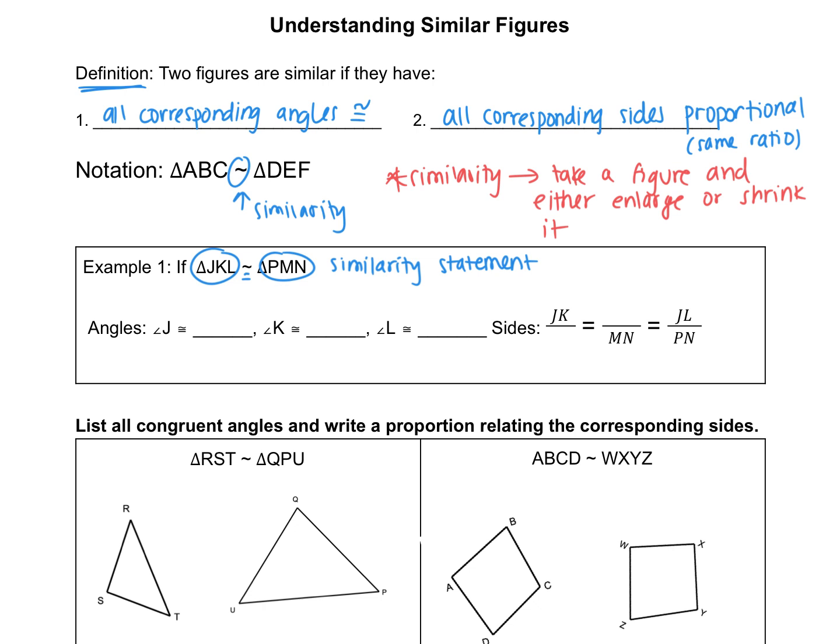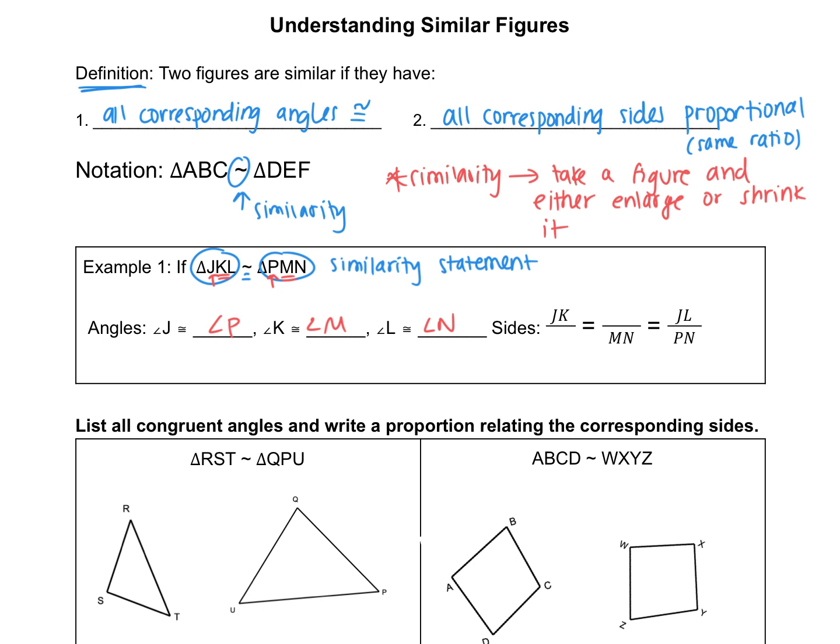The similarity statement will tell us which angles are congruent. Angle J, the first angle, is congruent to angle P. Angle K, the one in the middle, is congruent to angle M. And angle L is congruent to angle N. So that's the first piece above: all of our angles are congruent.